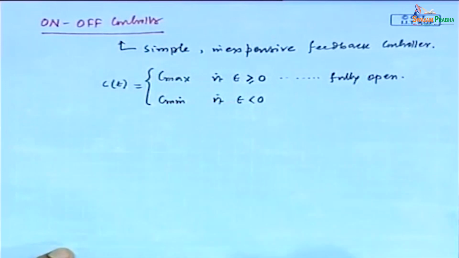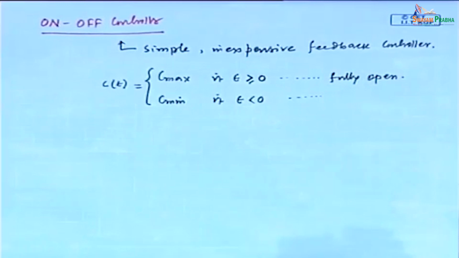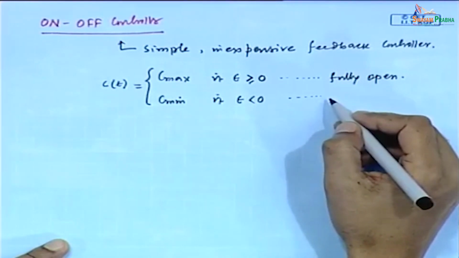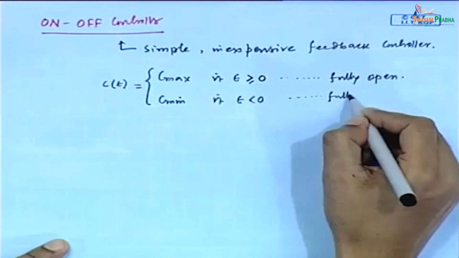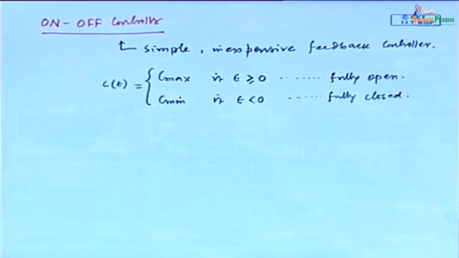The controller output becomes the minimum value when error is less than 0, which for a control valve indicates fully closed. There is no intermediate control action, either maximum value or minimum value. That is why the name on off.